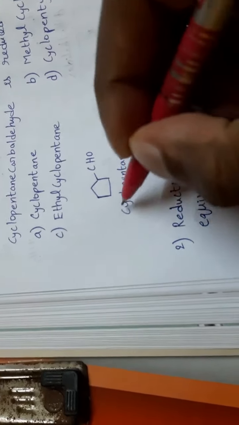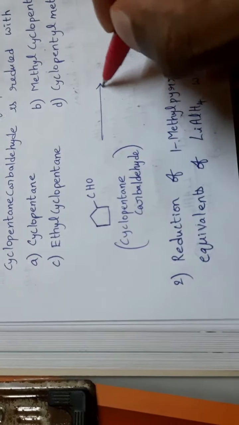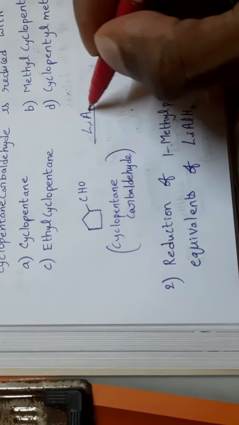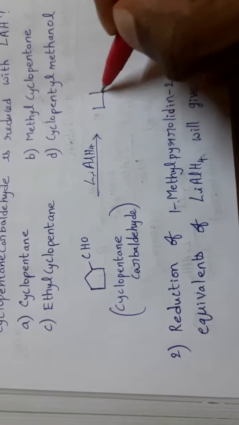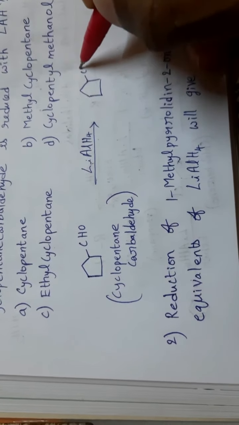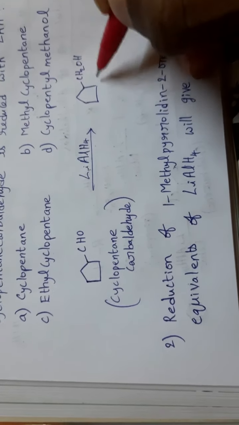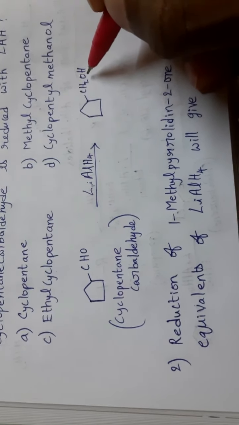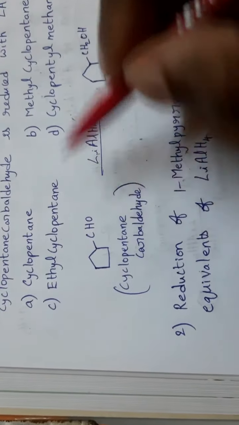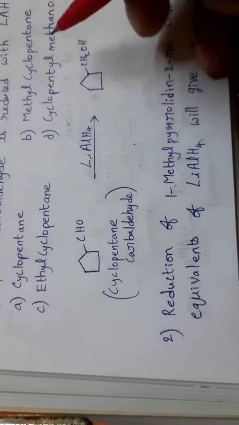When this compound is treated with LiAlH4, then product is this one, cyclopentane group having CH2OH. That means CHO is reduced to primary alcohol.